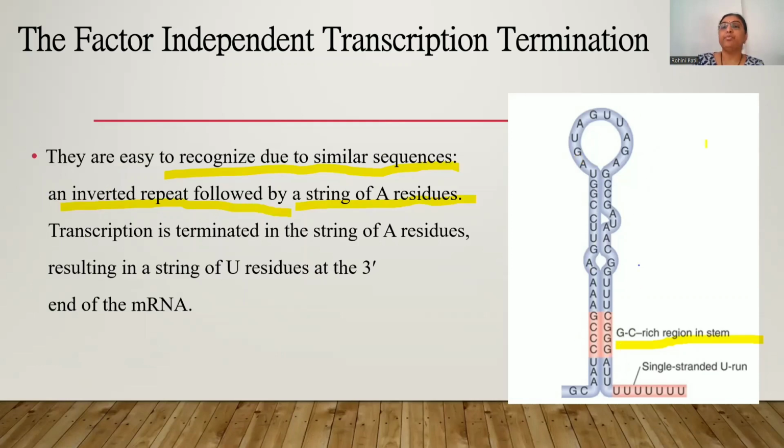It is a stem loop structure, followed by a string of uridine residues, single stranded uridine. So in the intrinsic termination, or the factor independent transcription termination, on the mRNA you find a GC rich stem loop structure followed by 7 uridine residues, and this is the signal. When it has been formed, there is a termination.